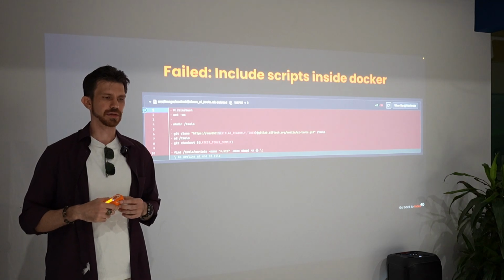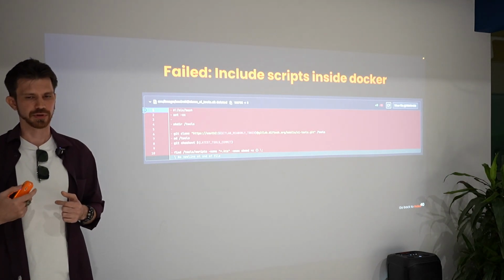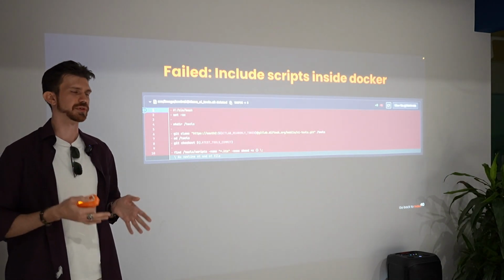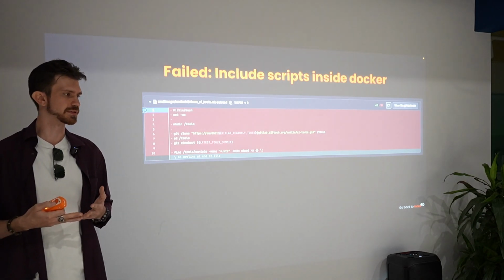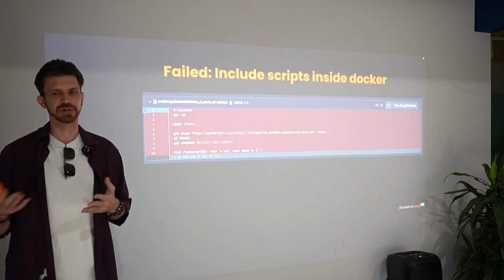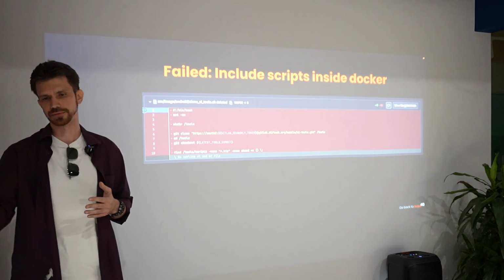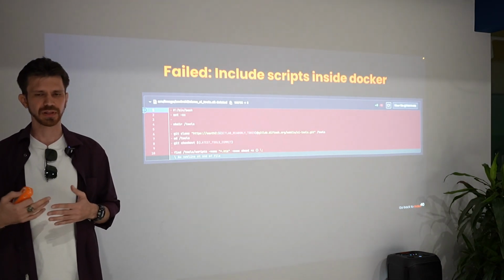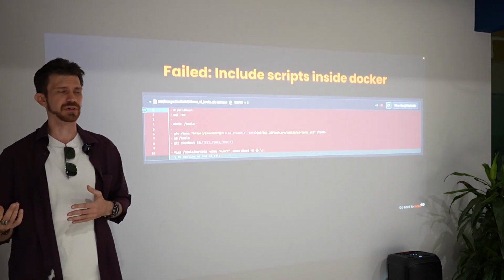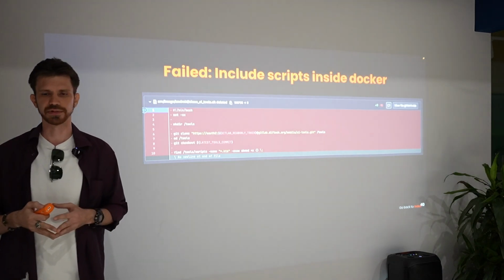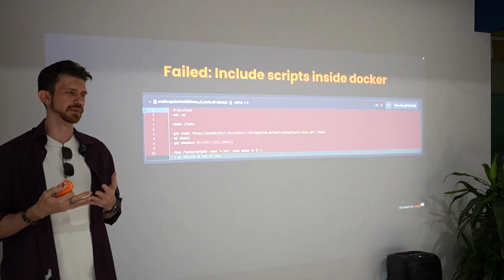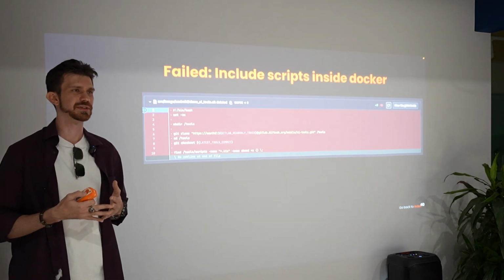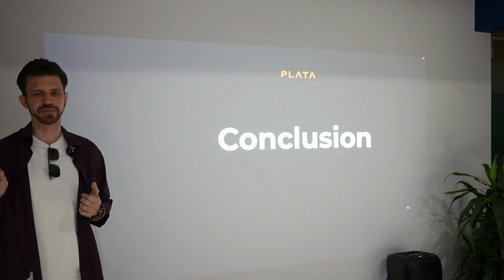But it made our development slower. If we put a script inside the Docker image, after a new version of some script has come out, you should recompile your Docker image and install it once again. So don't do that. Keep your CI/CD scripts as close as possible to your code, and you will be fine.